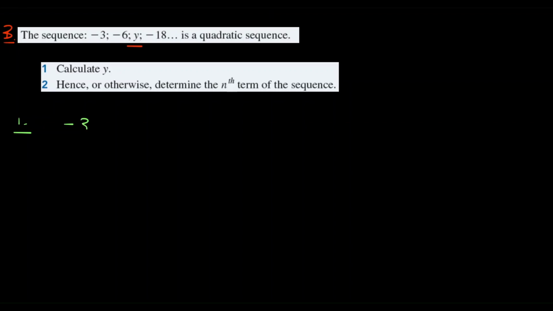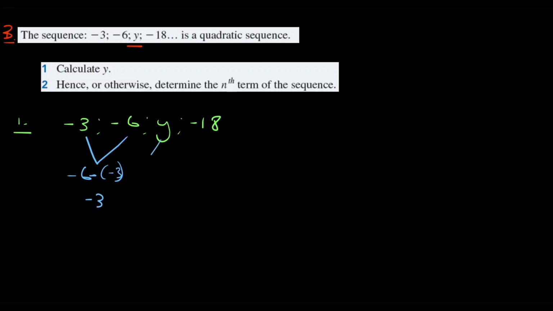Whenever you have a sequence like this, what you need to do is go back and construct your tree line of differences. And your tree line of differences will tell you a story. So you're going to say -6 minus 3, which is nothing more than -6 plus 3, which will give you -3.